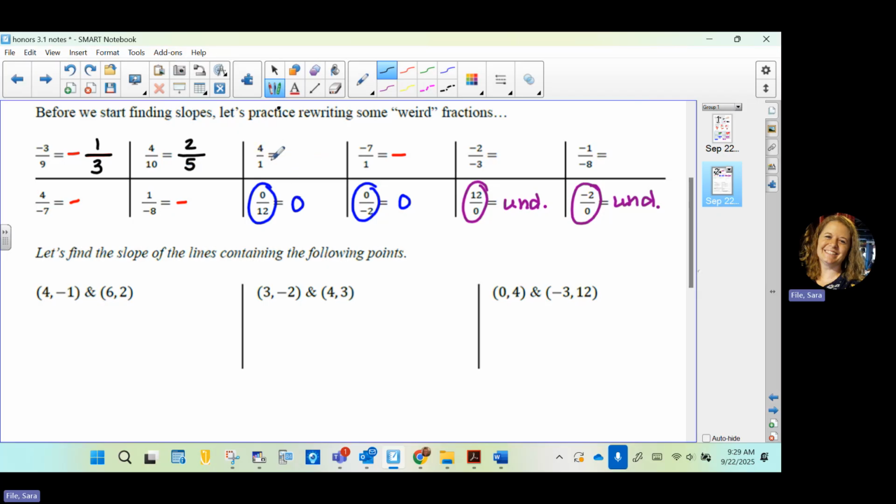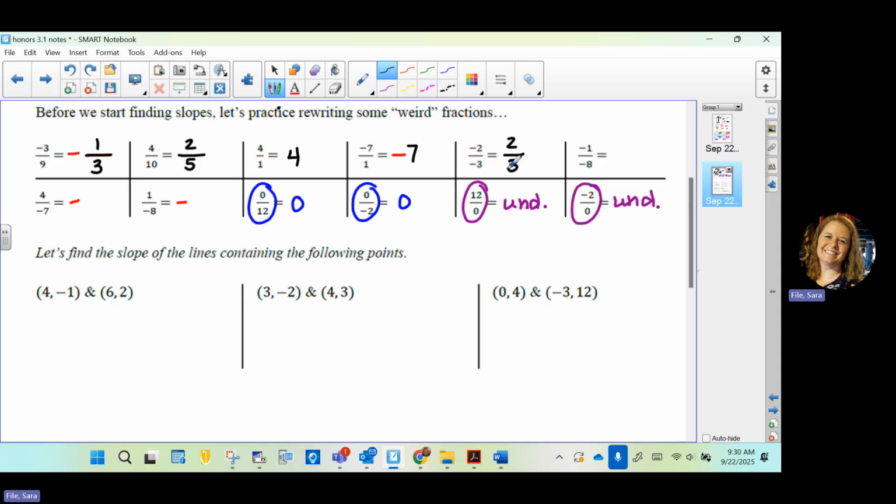All right, I think we said on the front, anything divided by 1 is that number. It is itself. So that's simply a 4. Okay, same thing here. Anything divided by 1 is itself. So this is just -7. Okay, negative divided by negative is a positive. Can you reduce 2 over 3? No, there's no common factors of 2 and 3. So it stays 2/3, but it is positive 2/3.